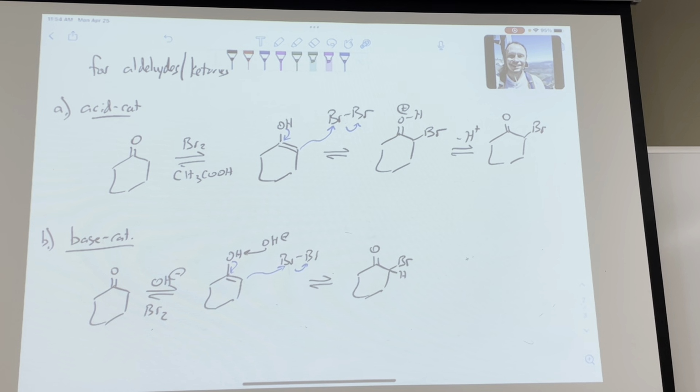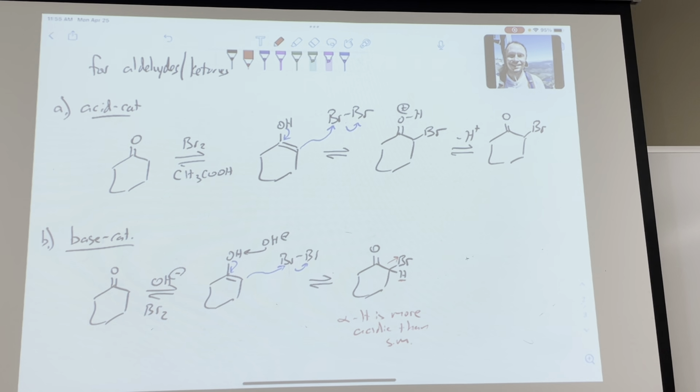Remember, you have an electronegative atom attached. And as a result, that alpha proton is more acidic than the starting material.